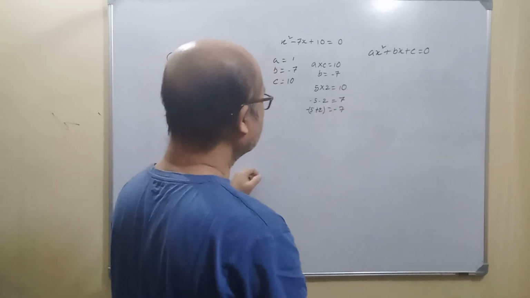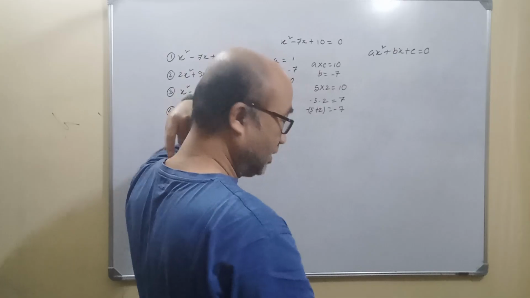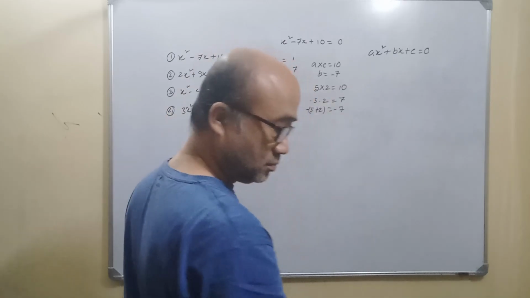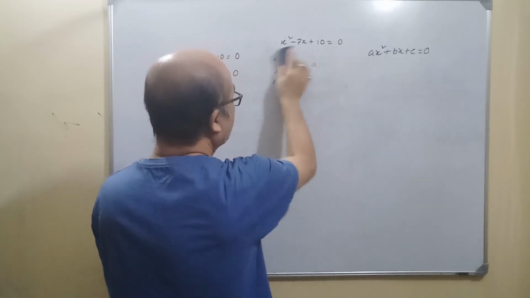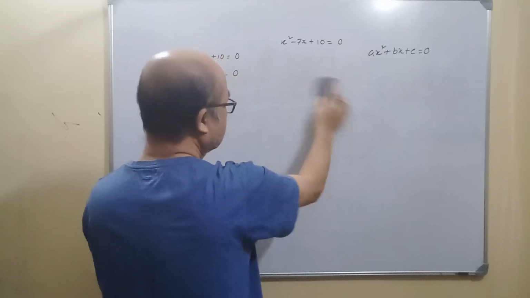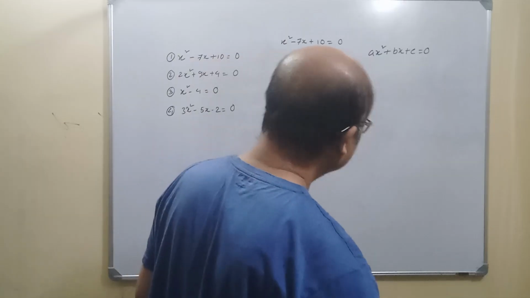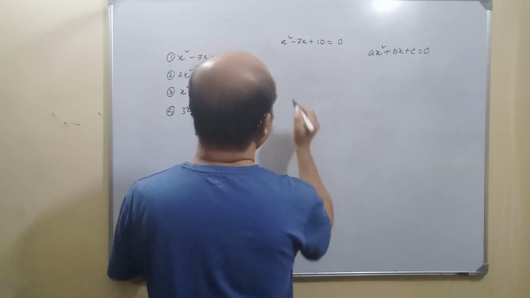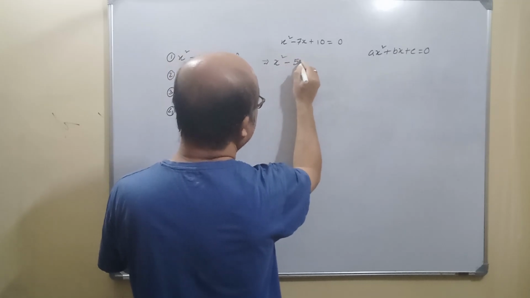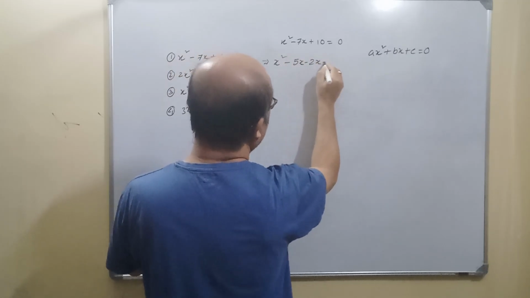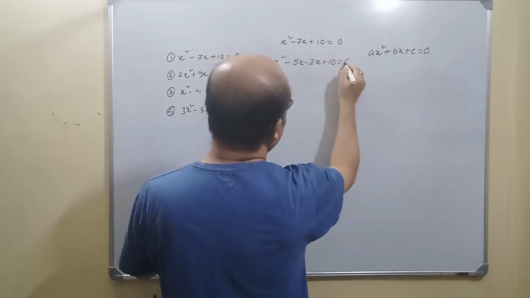So the two numbers are minus 5 and minus 2. Next, we will expand the equation using the two numbers. So x square minus 5x minus 2x plus 10 equal to 0.